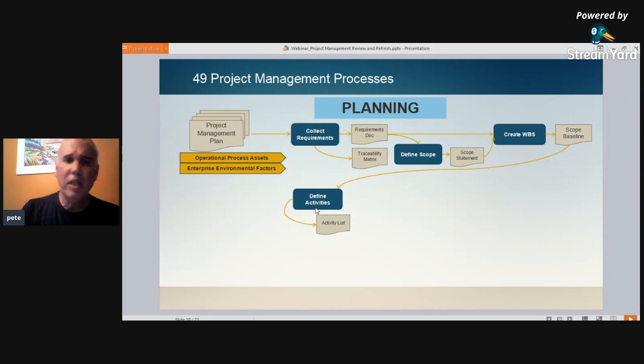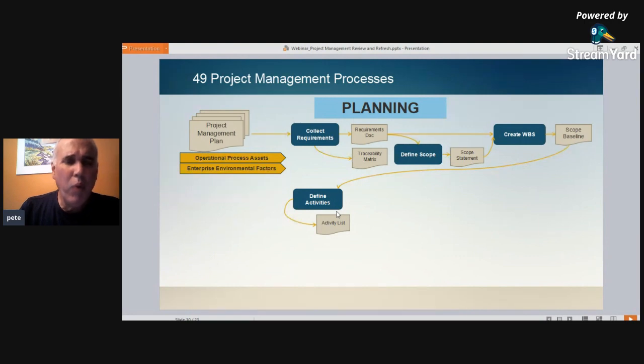Our scope baseline, work breakdown structure, now feeds something called define activities, a project scheduling process. Okay? Project scheduling. When are we going to do these things? So we want to turn our nouns, our decomposition of deliverables, into verbs. Activities are actions. Okay? And that'll give us an activity list.